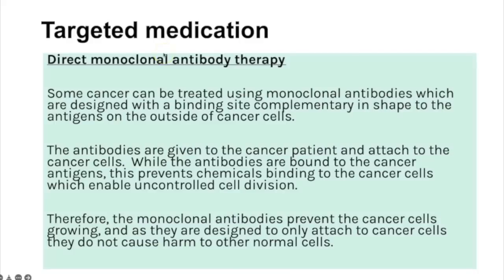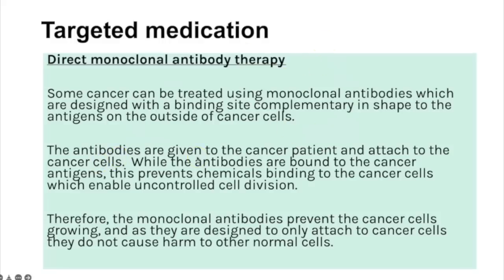So targeted medication, we're going to go through that example first. This is an example of direct monoclonal antibody therapy. What we mean by that is some cancers can be treated using monoclonal antibodies, which are designed with a binding site complementary in shape to the antigens on the outside of the cancer cells. The antibodies are given to the cancer patient and they will then attach onto the cancer cells only.